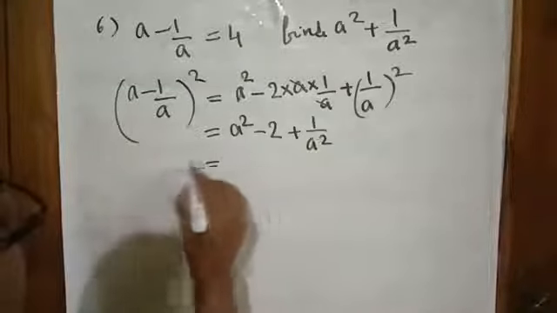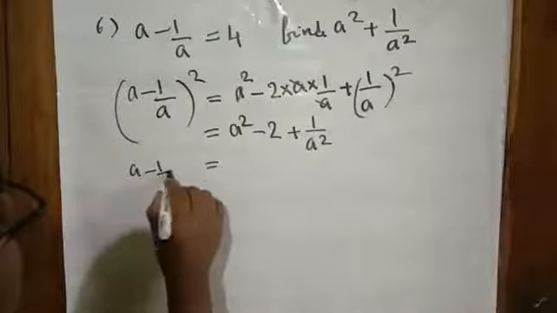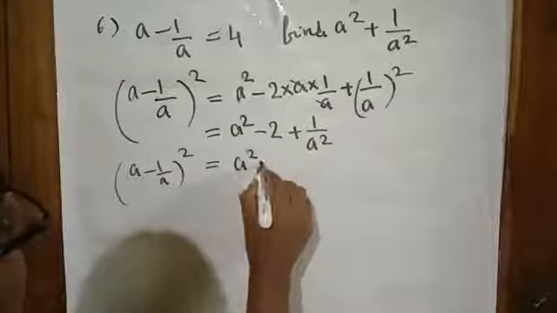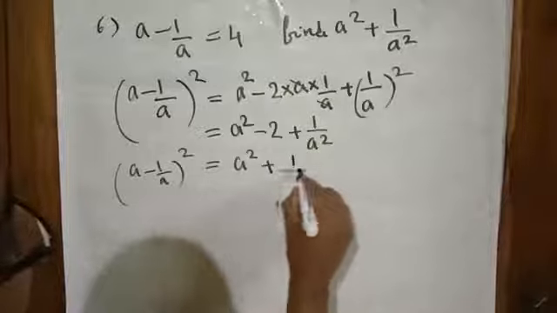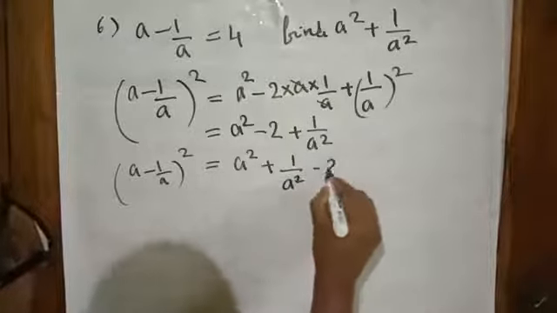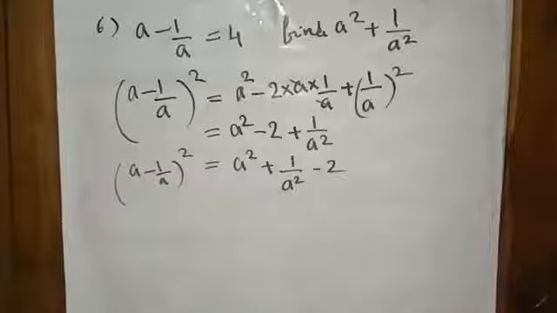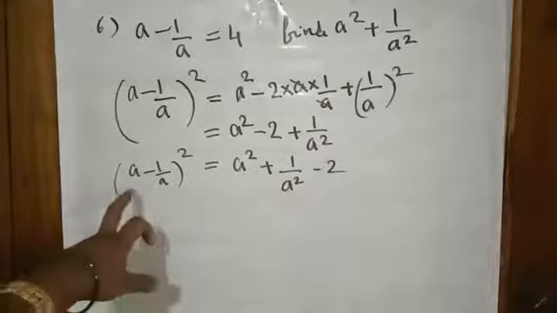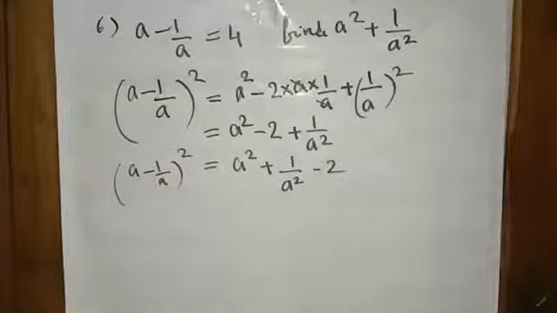Now let us arrange it. A minus 1 by a the whole square is equal to a square plus 1 by a square minus 2. This is the expansion of a minus 1 by a the whole square. In the same way, what is the expansion of a plus 1 by a the whole square?